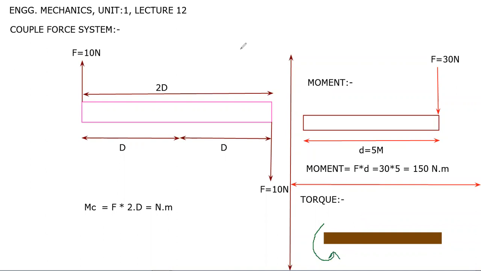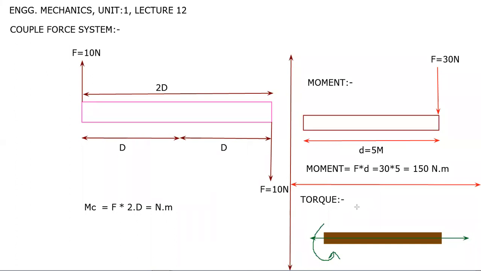There is an axis, and the moment of the rotation caused about its axis is nothing but your torque. We sometimes use pinches or a screwdriver to rotate the screw, to rotate the nut bolt system. That is an example of torque.